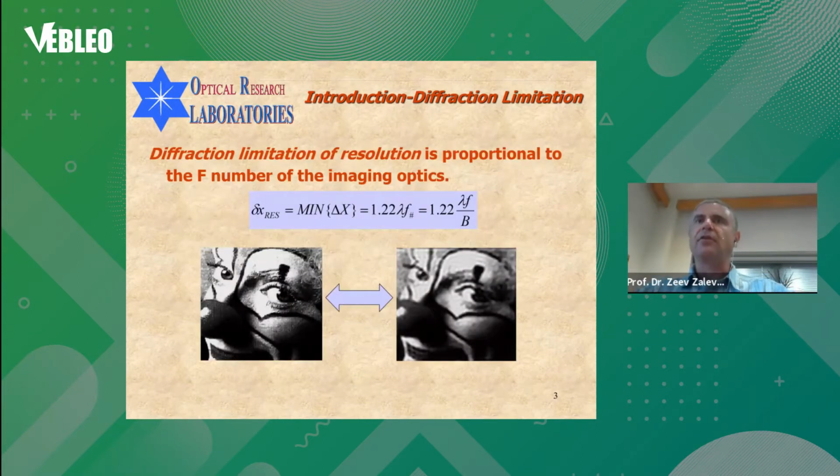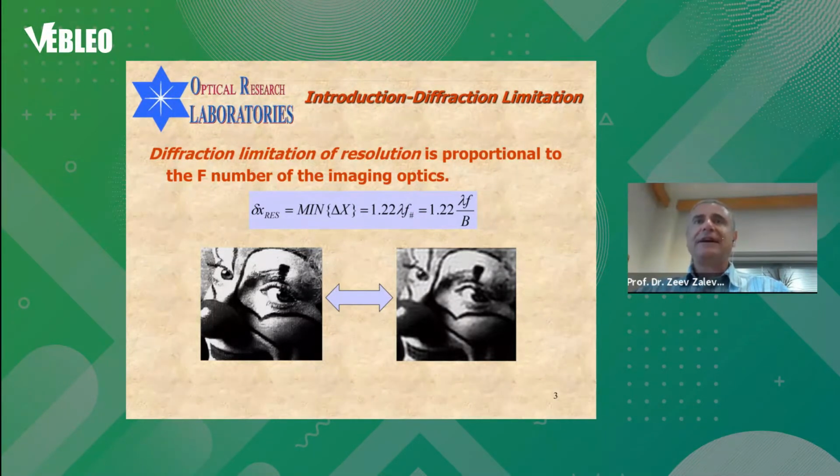Let us briefly go through this. The diffraction limitation is related to the F number, or to the numerical aperture. Numerical aperture is 1/2 F number of the imaging lens that we are using.